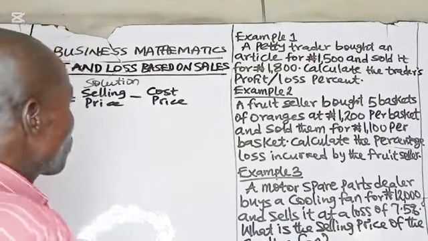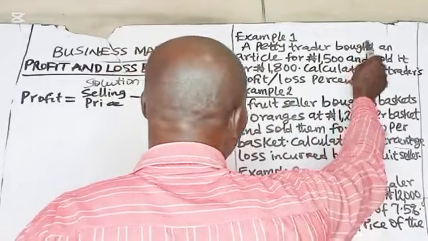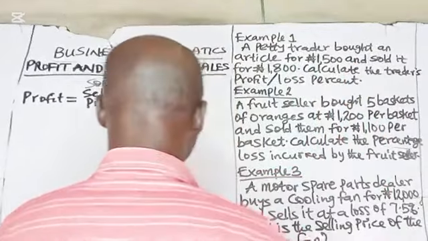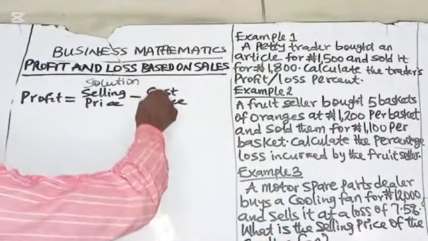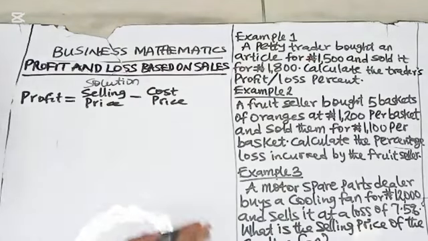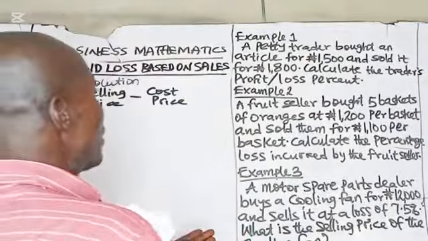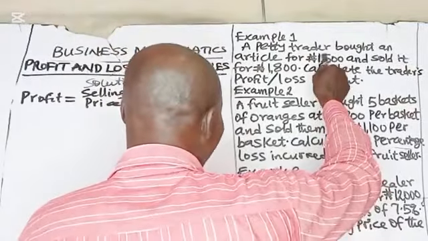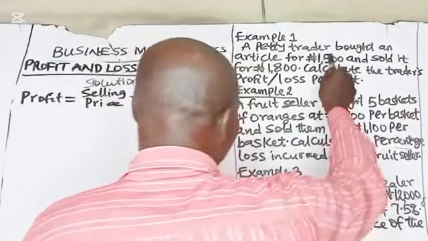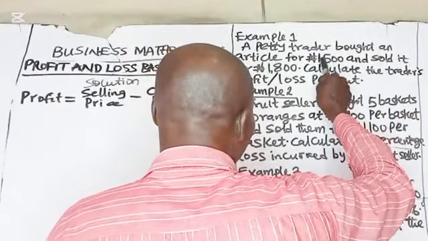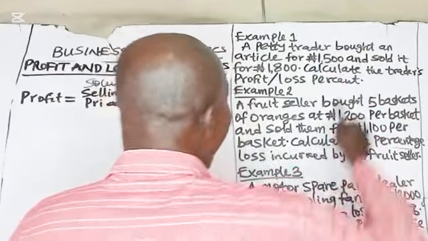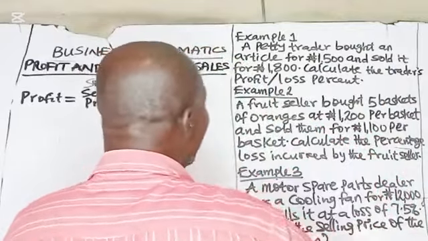You were told a petty trader bought an article for 1,500 naira. Remember, I've told you the cost price is the amount at which an item is bought. The item cost 1,500 since it was purchased for 1,500 and sold for 1,800.